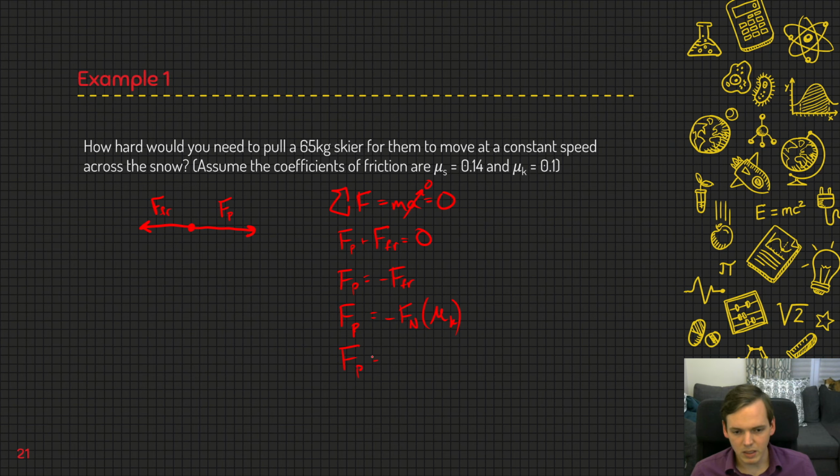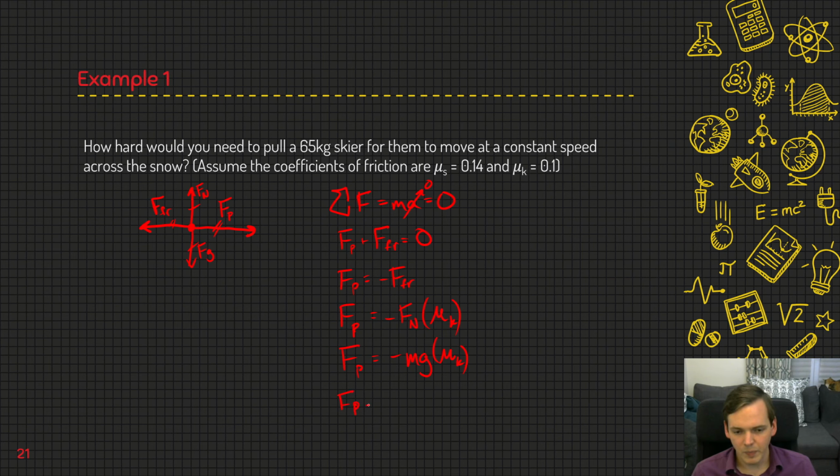So Fp is equal to negative mg times mu k, because in this case, the normal force pushing up has to counteract the gravitational force pulling down, because the skier isn't sinking into the snow, they're not flying up into the air, they're just moving along. So in other words, in this example, the horizontal forces have to be equal and opposite, and the vertical forces have to be equal and opposite.